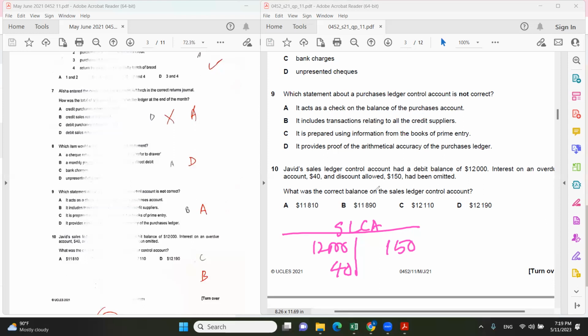What was the correct balance? So take this total minus this one. Let me count: 12,000 plus 40 minus 150. So we get 11,890. So the answer should be this one. The answer should be B. Okay. Now let's continue.